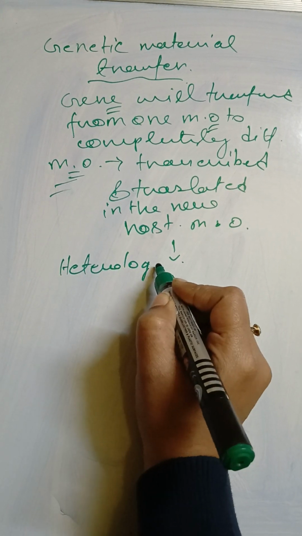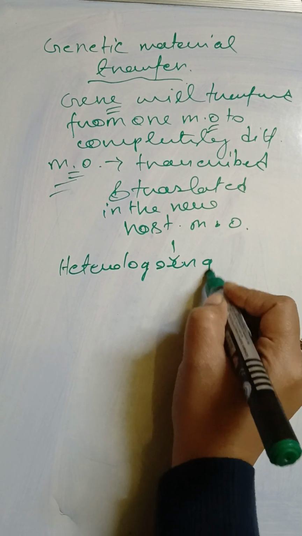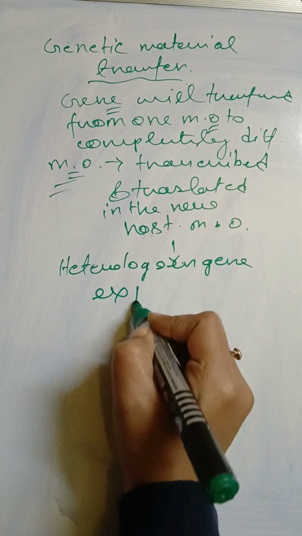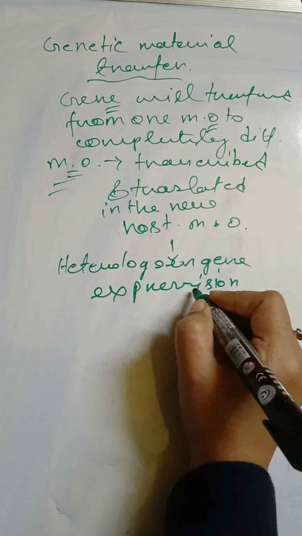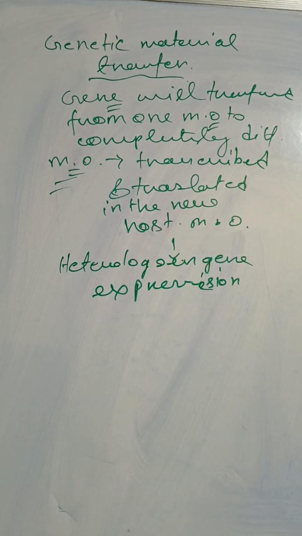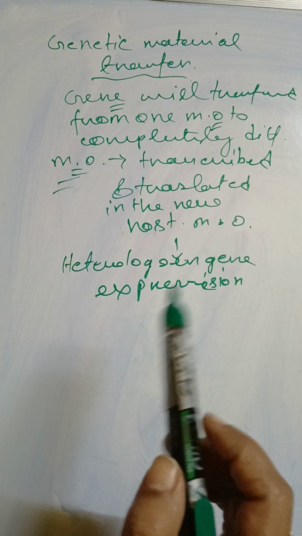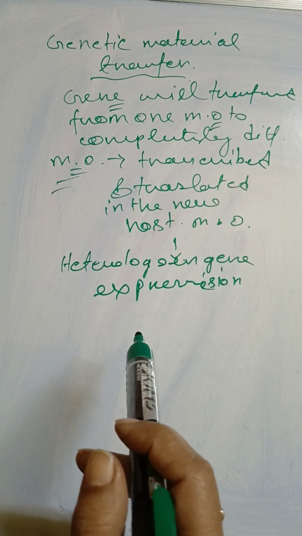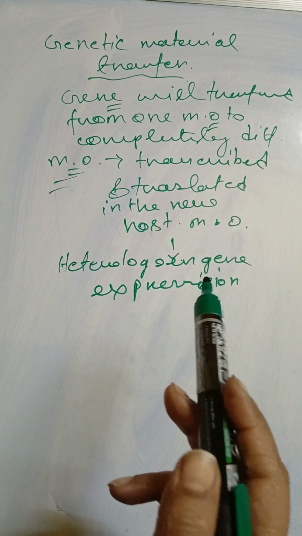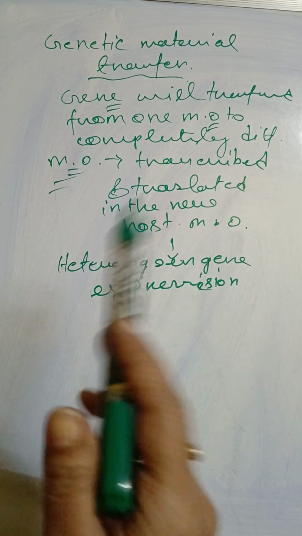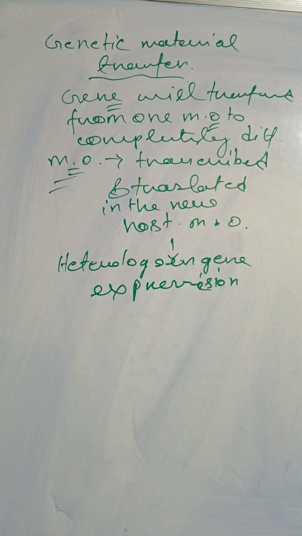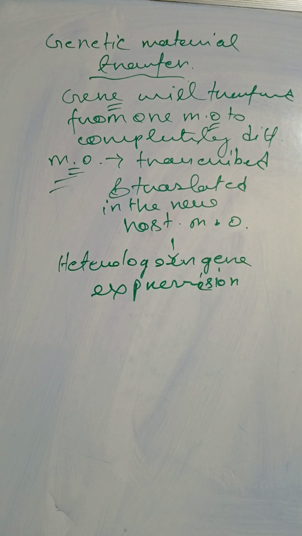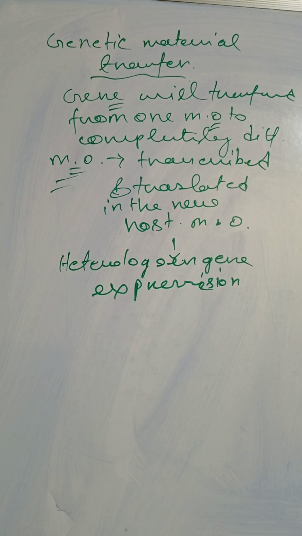heterologous gene expression. Why heterologous? Because suppose you have a gene of interest that will give rise to production of an antibiotic, and that gene will be transferred and cloned into yeast, which will help to produce wine in the wine factory or wine industry.